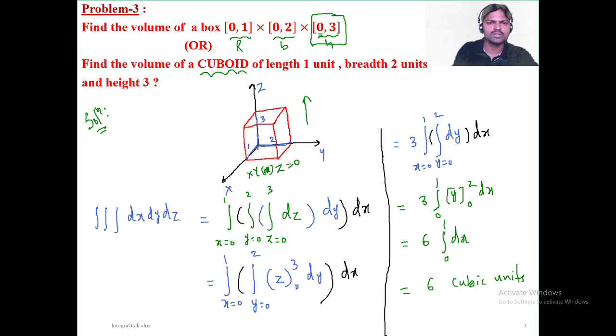So now you need to consider this portion in the xy plane. In the xy plane, x is varying in this direction and y is varying in this direction. This strip is 2, this line is the plane y equals 2. So starting from 0 ending at 2, therefore y is varying from 0 to 2, and for x limits, starting from here ending here, so x is varying from 0 to 1 likewise. So likewise you can proceed with the limits.